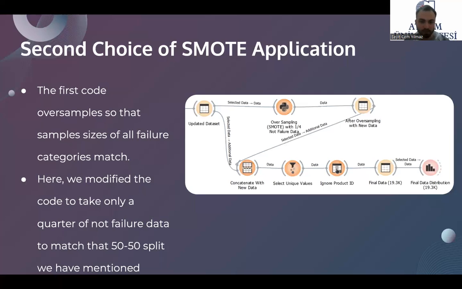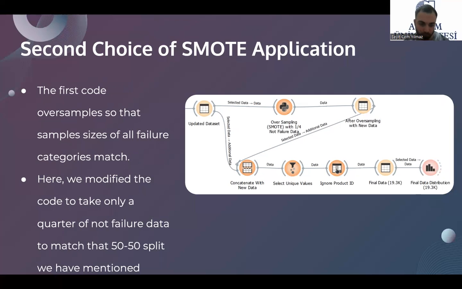Next, please. In the second choice, we used again a Python script. The Python script is similar to the previous one. We modified the previous one to create a different data set. In the new data set, we have 50% failure data and 50% no failure data.